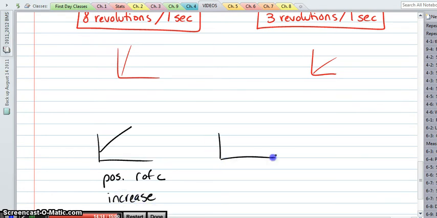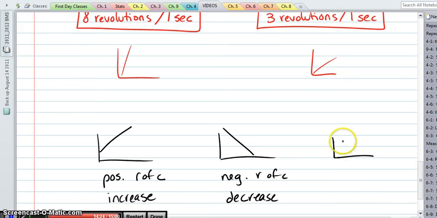Okay, if it is something like this, that is a negative rate of change, and that represents a decrease. Something we're going to talk about more in class tomorrow is no change at all. 0. No change. And that's when we're given a horizontal line. So we'll explore more of that in class.